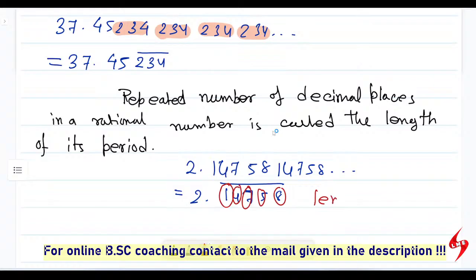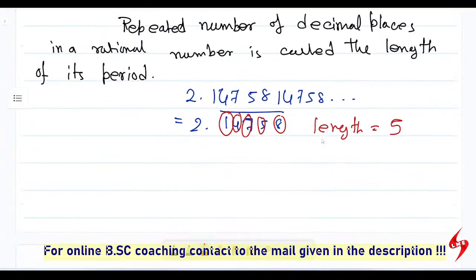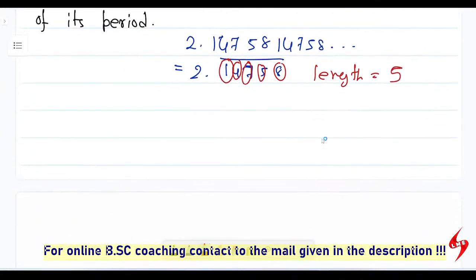So the length here is 5. Okay, we got it. So always remember that a rational number always has two kinds of decimal expression.